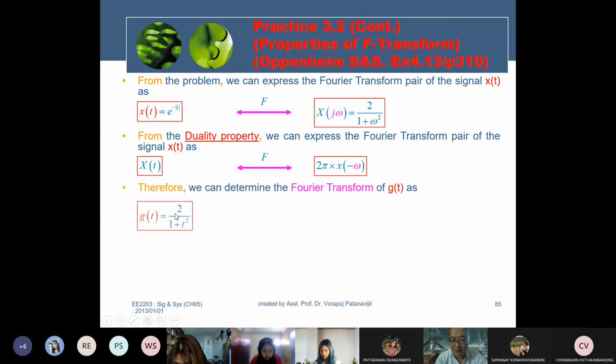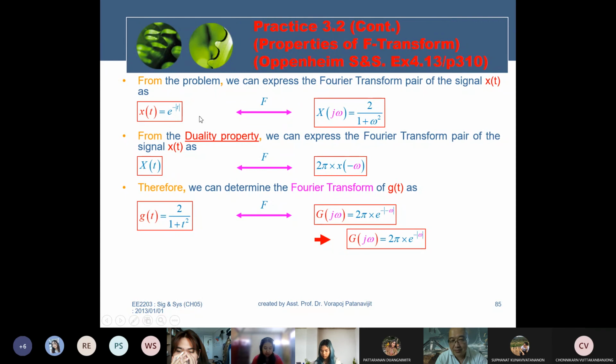Therefore, we can determine the Fourier transform of it. You can see that this form is similar to this form. Therefore the duality is the same, with only one thing different: change omega to minus omega and multiply by 2 pi. Only that.